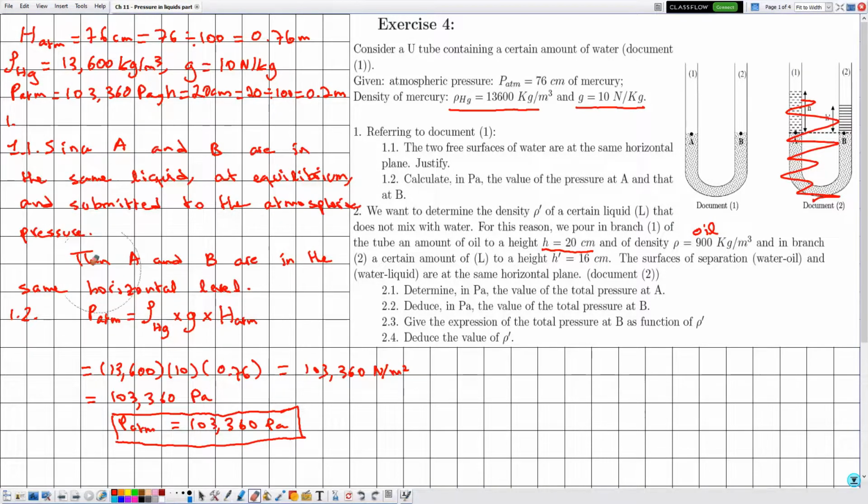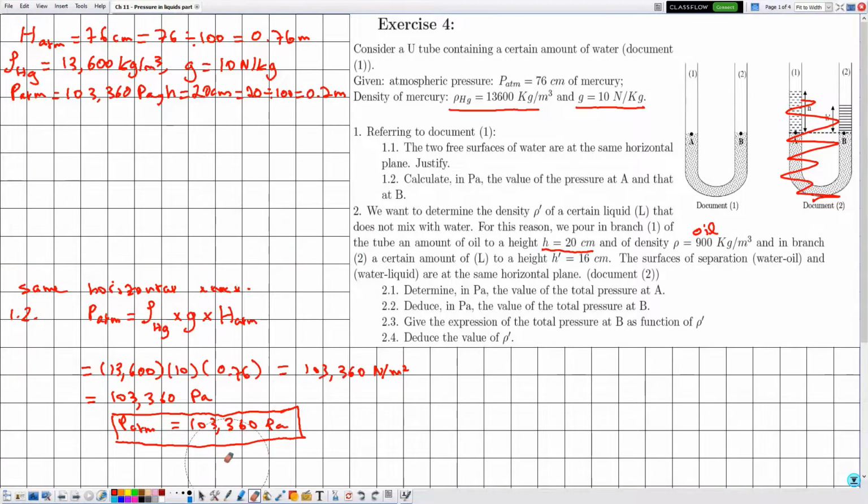Let me make some space here. So the density of oil is given by 900 kilogram per meter cube.